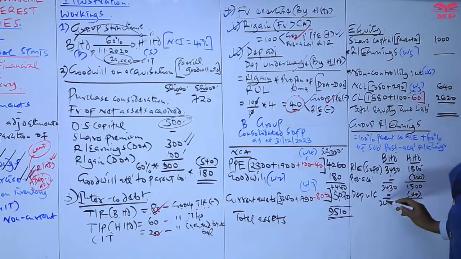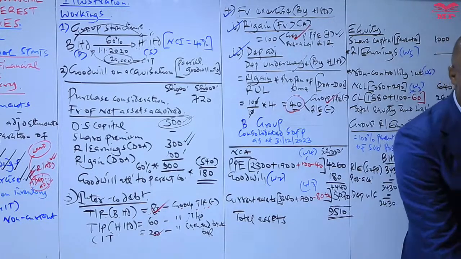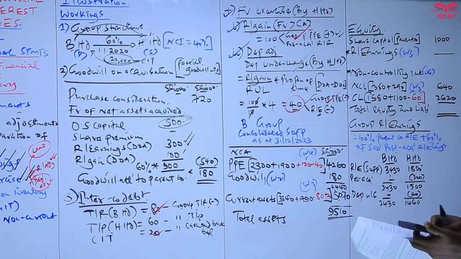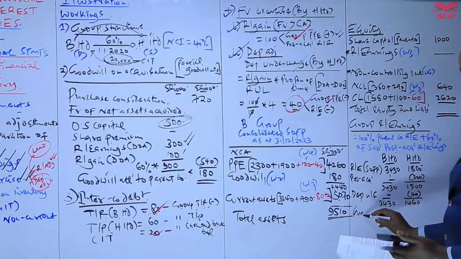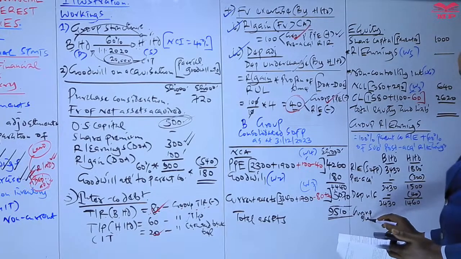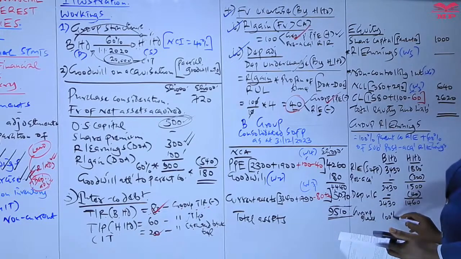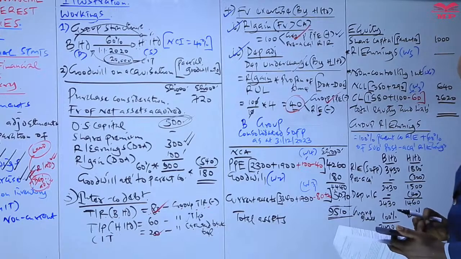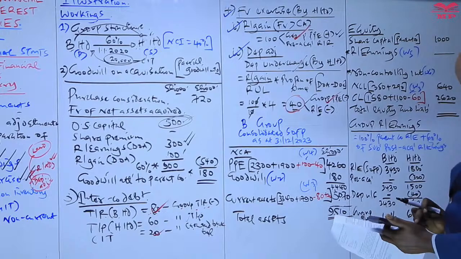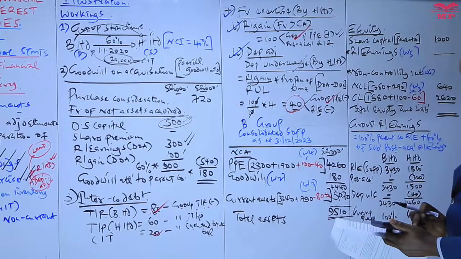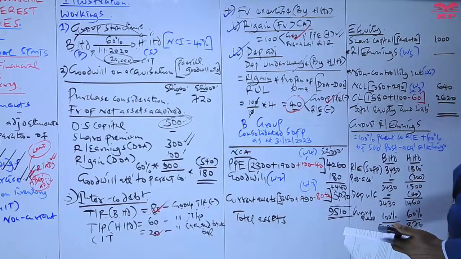So here we have 3430. What about here? 1460. Is that correct? Let's confirm. 1500 minus 40, which will give us 1460, and then we get the group share of this. The group share of this is 100%, of this is 60%. 60% of 1460 is 876.